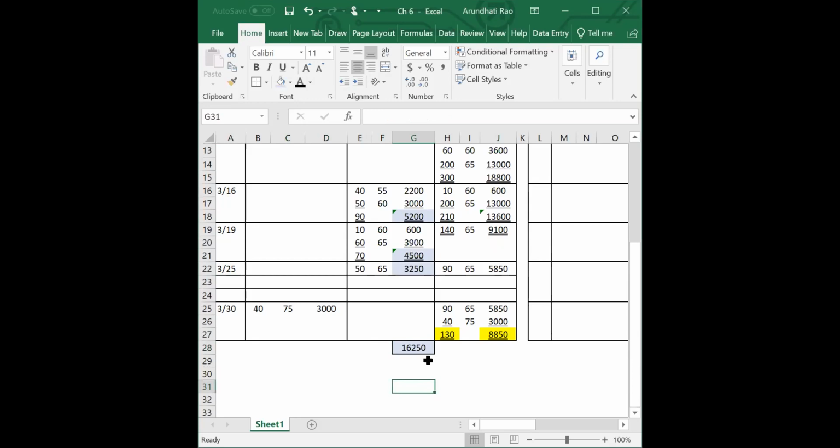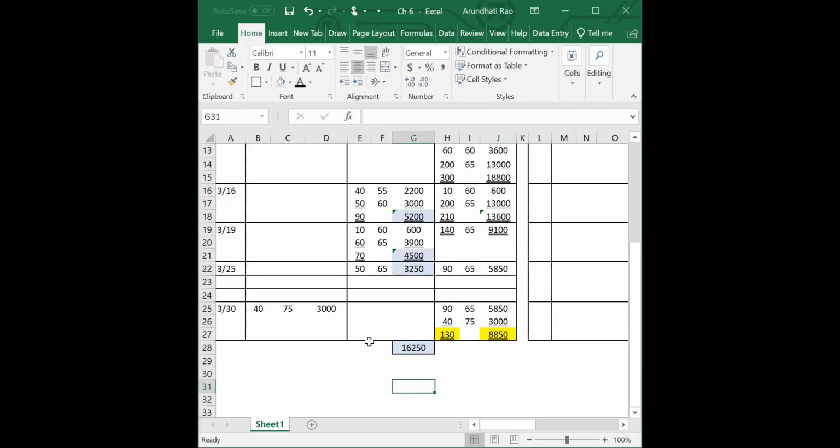So the two answers that we need, using the FIFO assumption: calculate the amount charged to cost of goods sold for the month of March. The answer is 16,250. Calculate the ending inventory, it's 8,850.